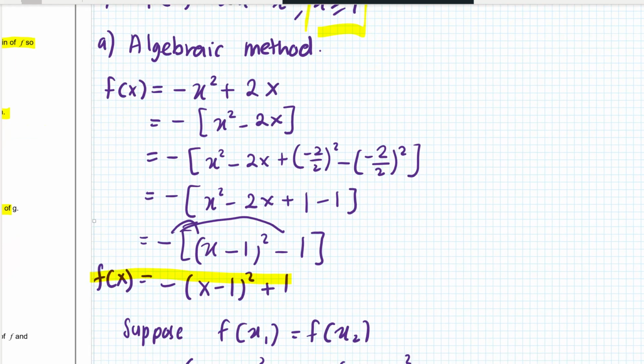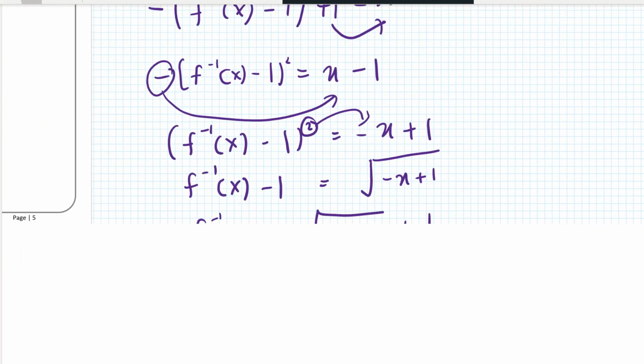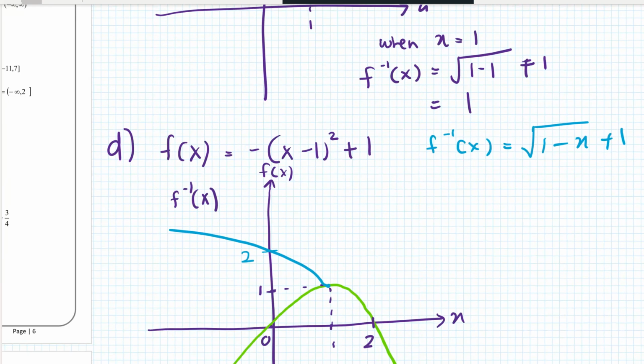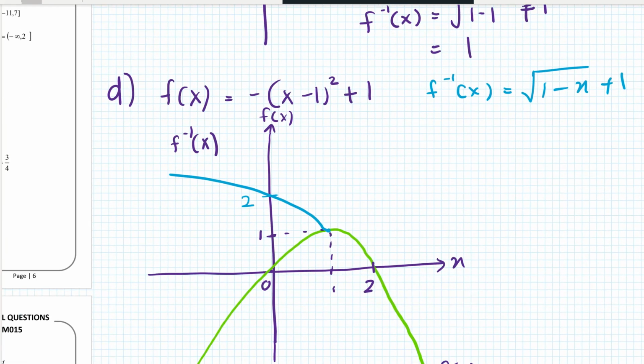As you can see here, because f and f inverse are inverse to each other, the graphs will have a relationship where they reflect at the line y equals x. You can see here this graph is the inverse and this is f(x).